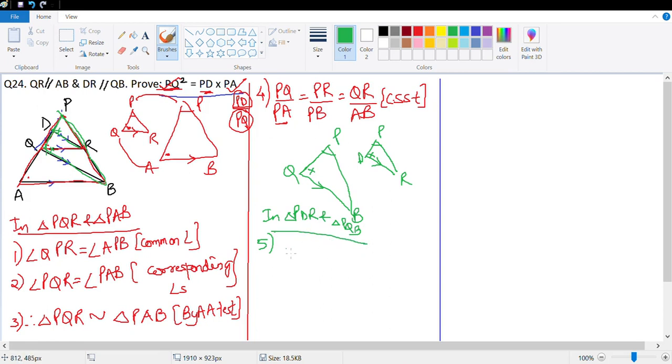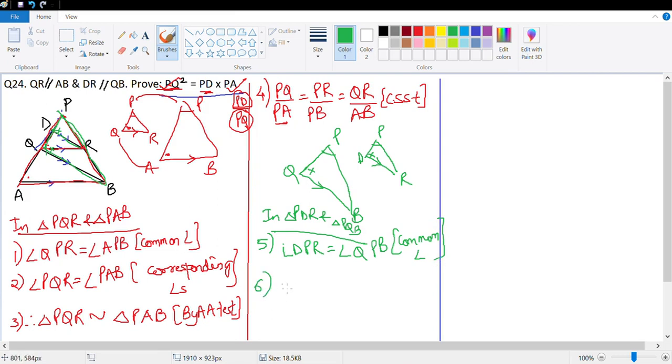Number 5 that I get is PDR is what we've taken over first. So angle DPR is equal to angle QPB. This is the common angle.